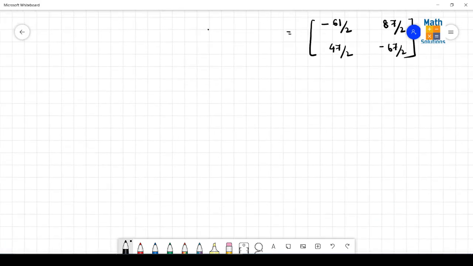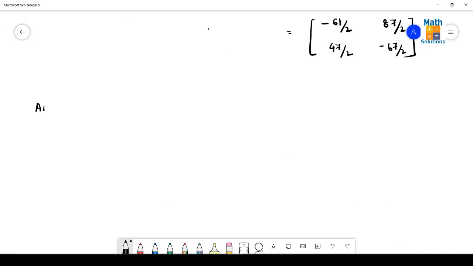After that, next we need to get AB. So first we find the product AB, which will be the product of the matrices A and B. Individually we write these two, 3, 7, 2, 5, into 6, 8, 7, 9.